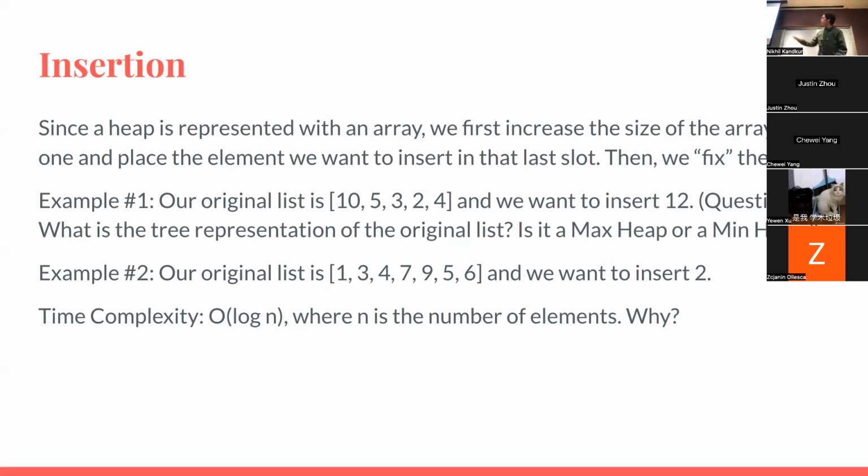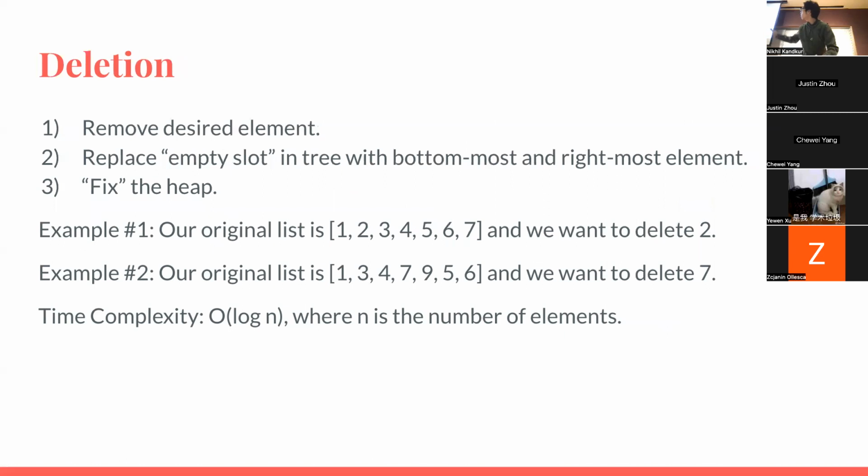Okay. So you can try the second example yourself, but for the sake of time, we're going to move on to deletion. So deletion, what you're simply doing is at first you just want to remove the element that you have in question, and then you want to fill up that empty slot with the rightmost element, and then fix the heap again.